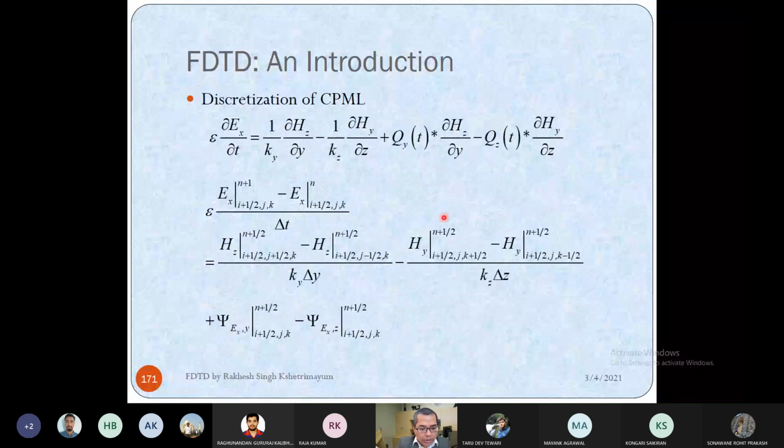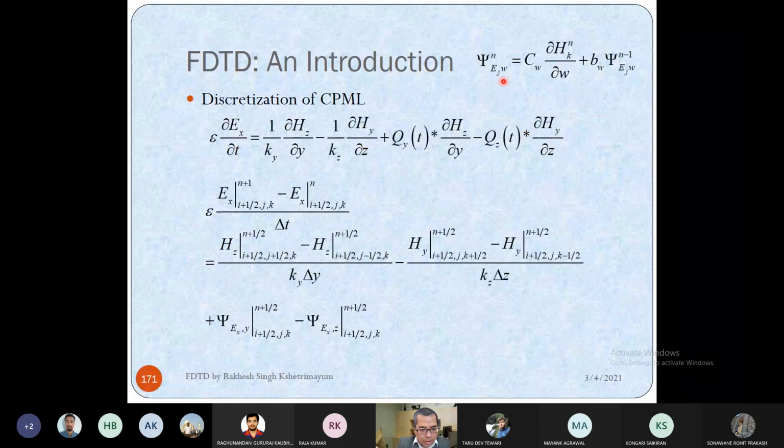Let us come back to the equation we have. This was the equation. You have this partial derivative of Ex with respect to time multiplied by epsilon. This first term, second term, third term and fourth term, we have actually denoted by psi ejy n and psi ejz n.